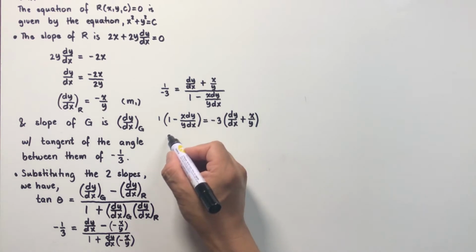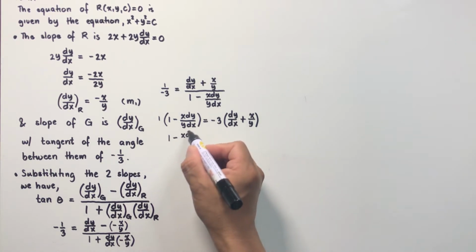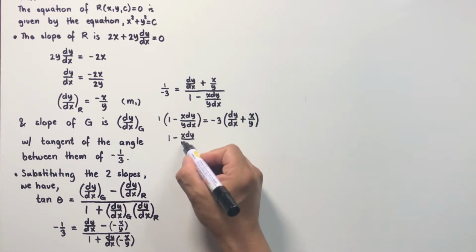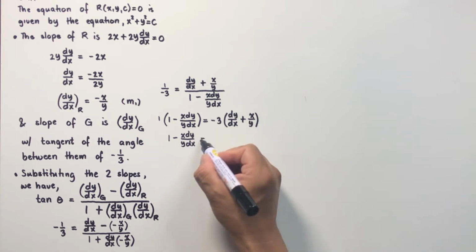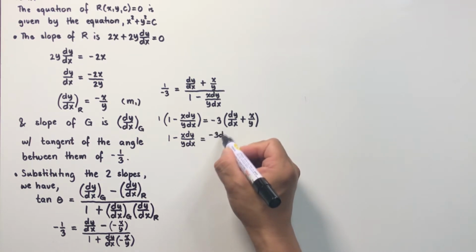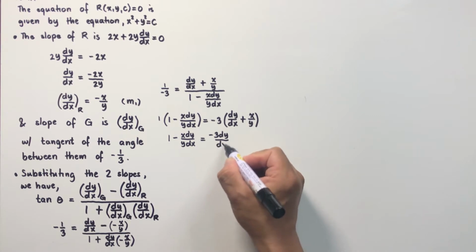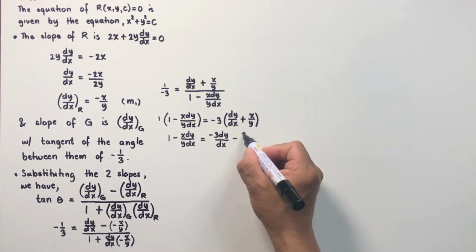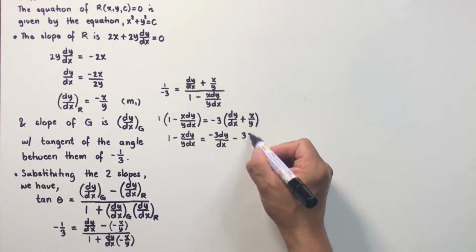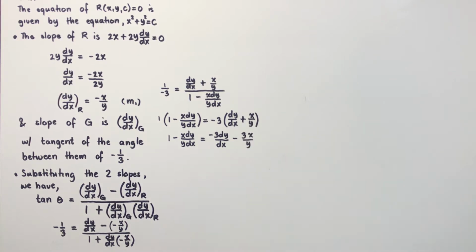So we have 1 minus x dy over y dx, which is equal to negative 3 dy/dx minus 3x over y.